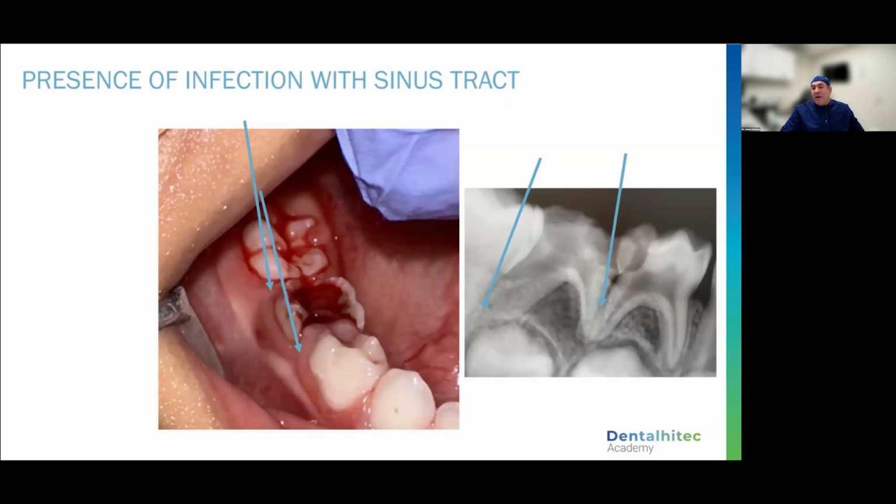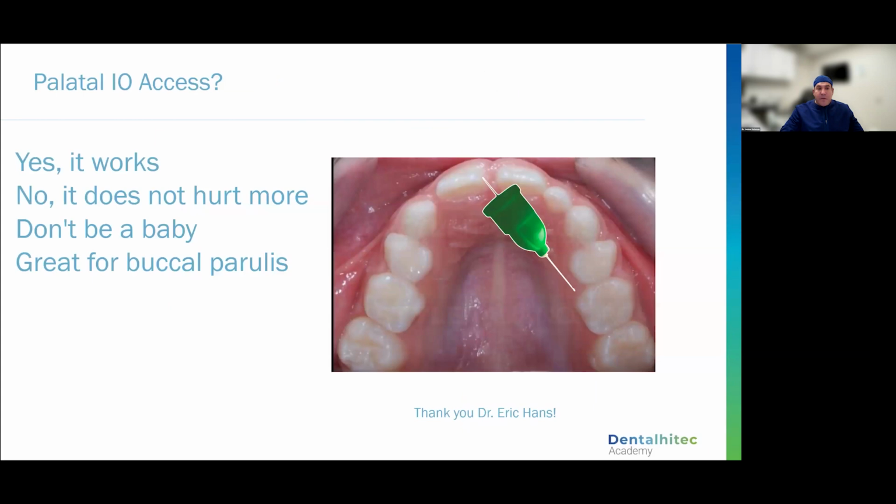You can get profound anesthesia in an area that's infected. You may just have to choose which site that you can get into sound bone. Palatal, again, it's a great way to access, especially if you are right-handed. Remember that you only have 2 teeth, 2 roots in your way on A and B or I and J. So it is a great site.